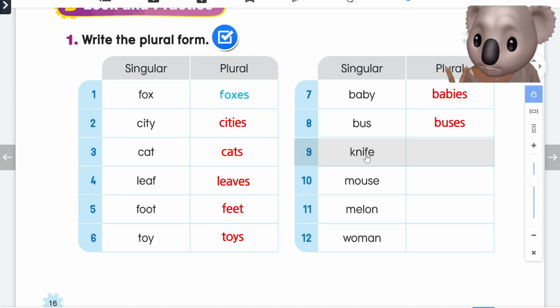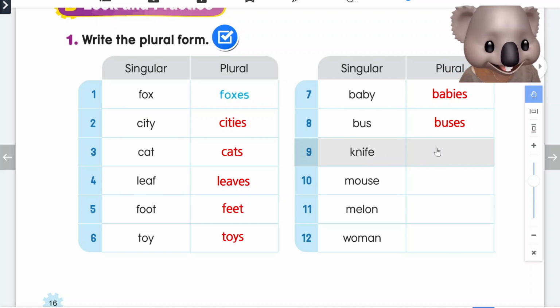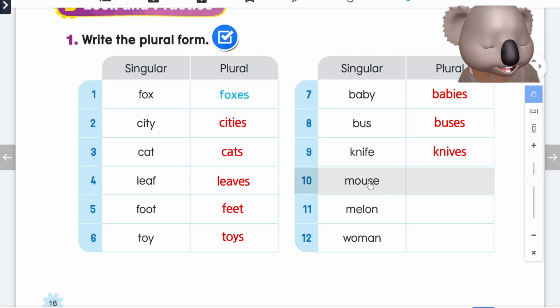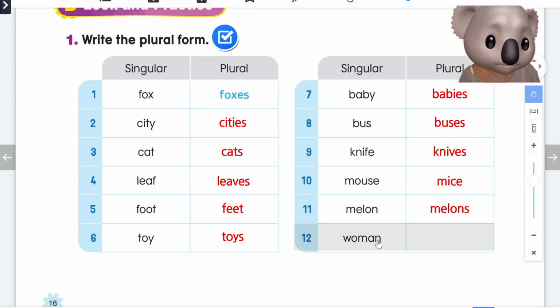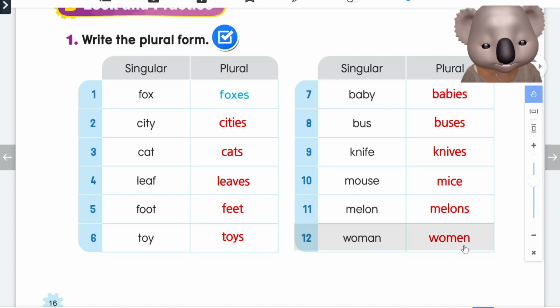F to V and add ES. Knives. Now number 10 is also an irregular word. Mouse changes to mice. Number 11, melon. This is very easy. Just add an S. Now number 12 is also irregular. Woman changes to women. It ends in M-E-N. Great job.